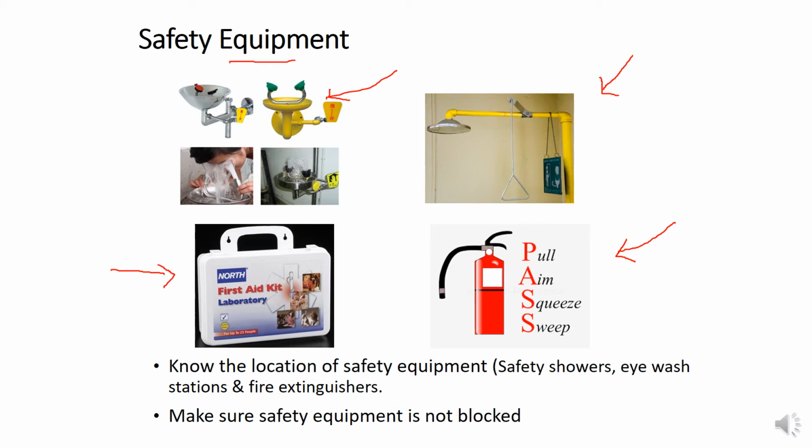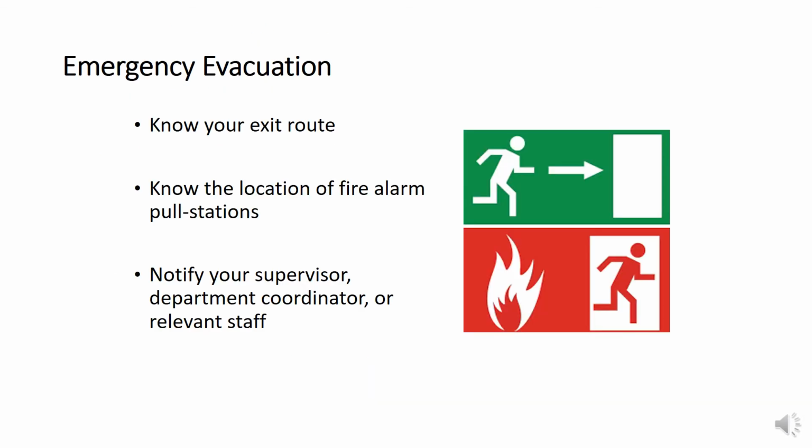Whenever you are working, the first step is to get information about all these instruments and the things you will need while working in the lab. Of course, you should also know the emergency exit routes, as well as the location of fire alarms.